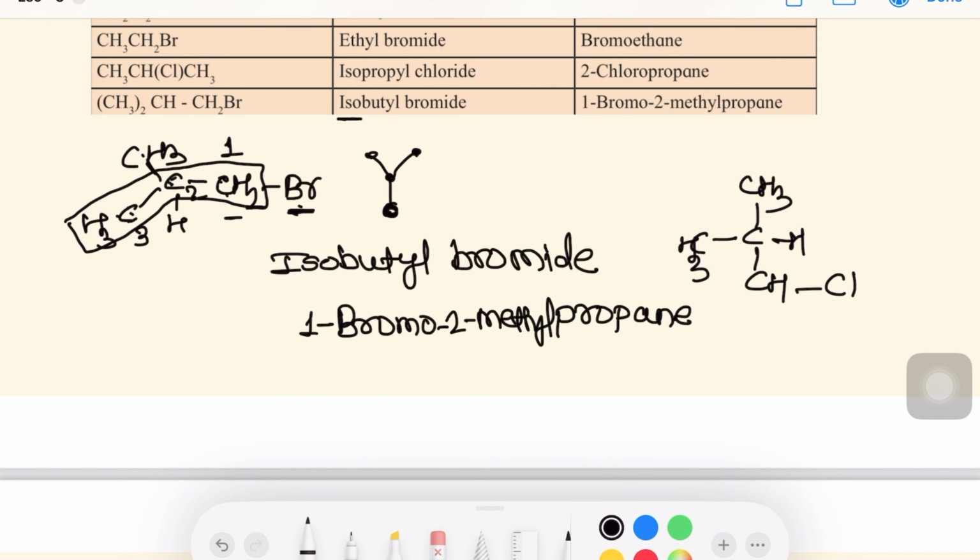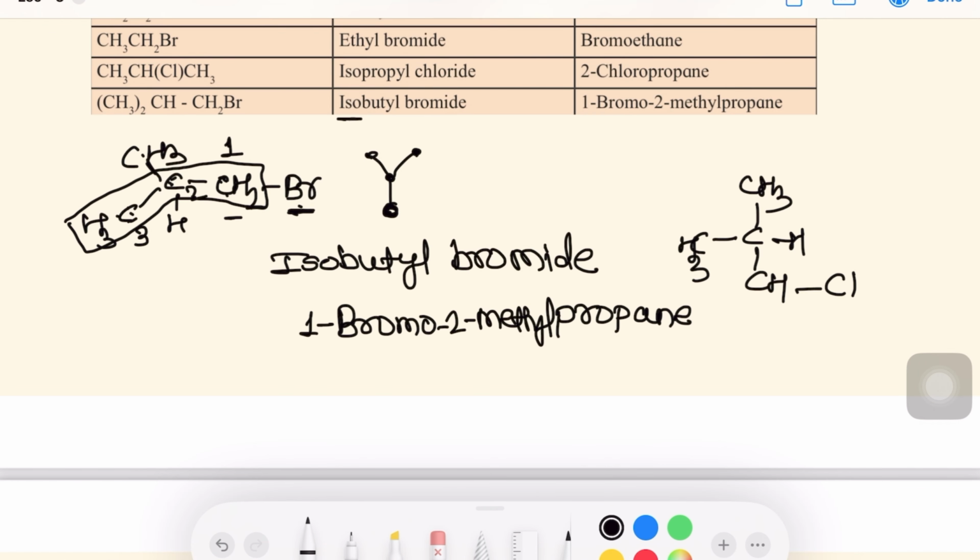Carbon number 1 contains 2 hydrogens and 1 R group, which is in the form of isopropyl. So it is a primary carbon atom, the first number. And what about the second number carbon atom? Tell me in the comments. Okay, the next example is CH3CBr.